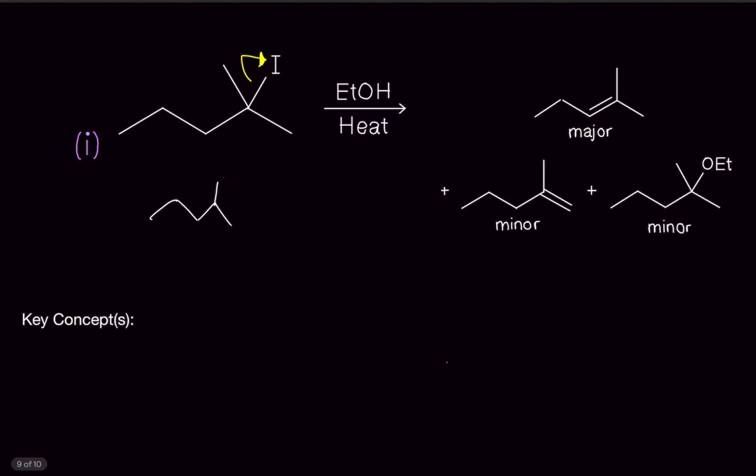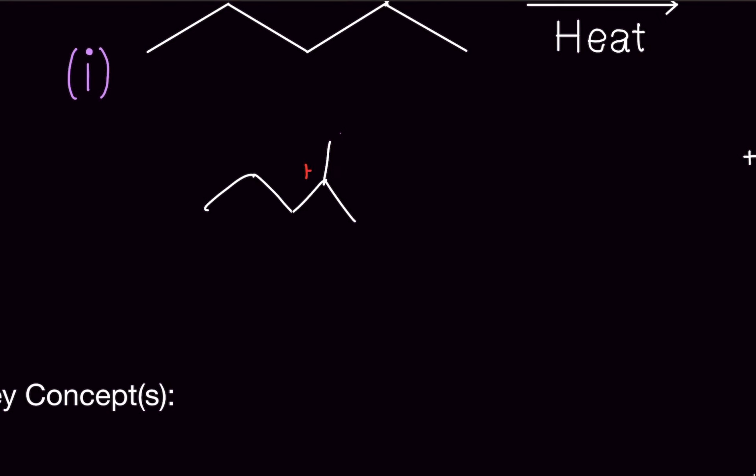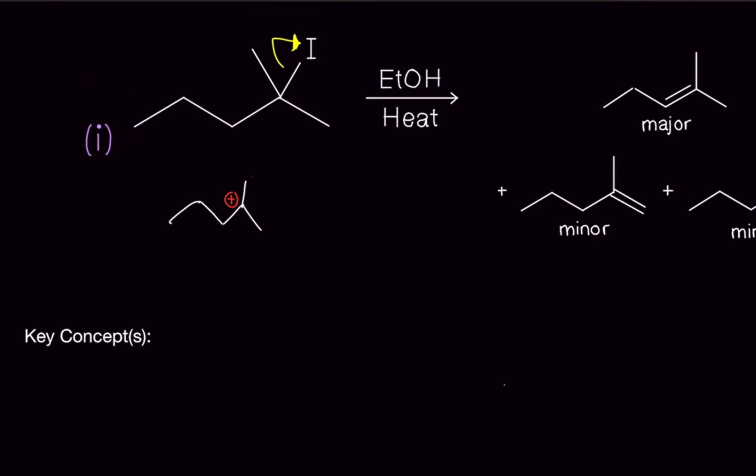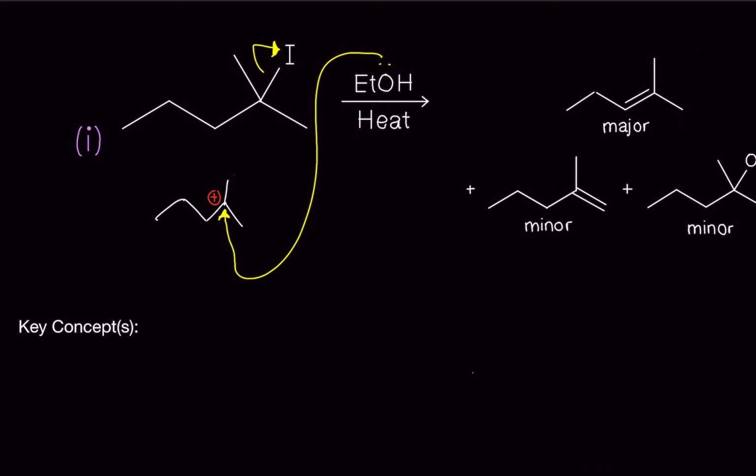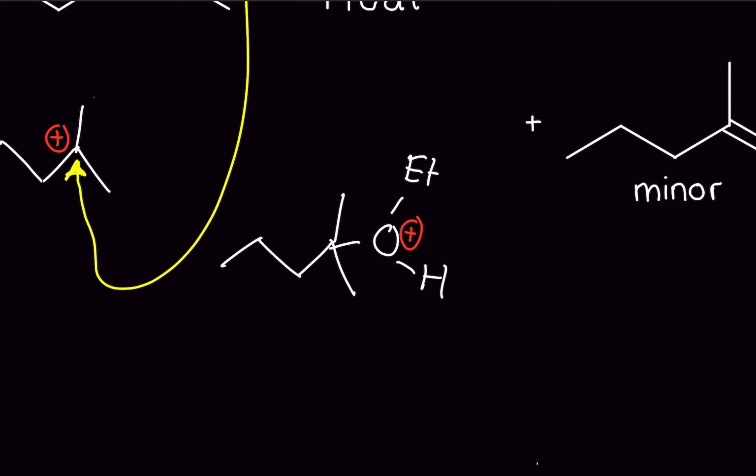Okay, so once again, carbocation. So that's where the ethanol is going to attack from. Now, when this happens, you are left with this. This is protonated. The oxygen has a positive charge here.